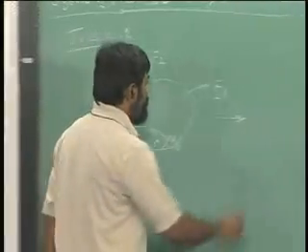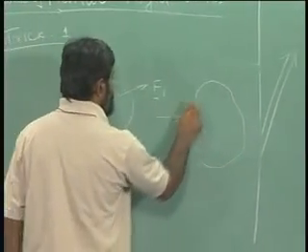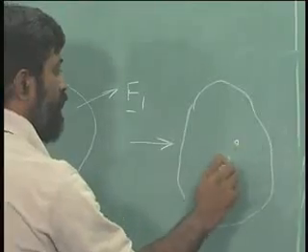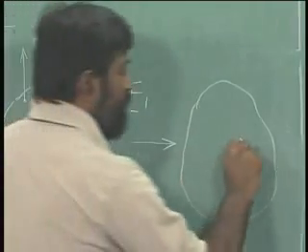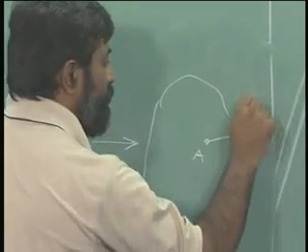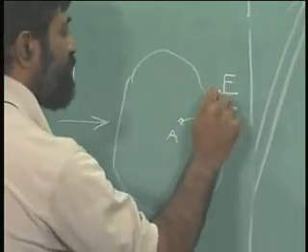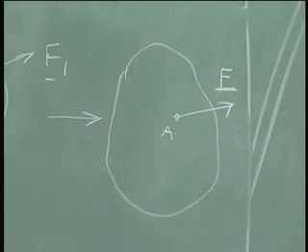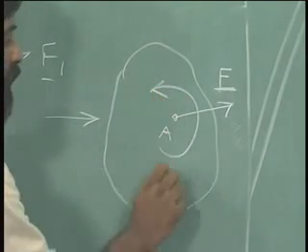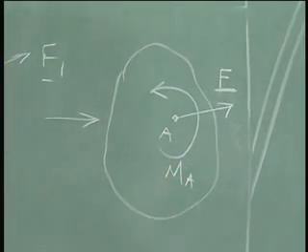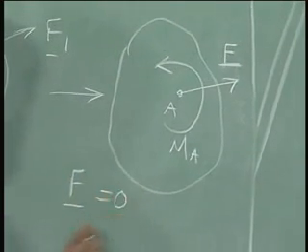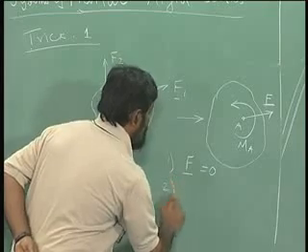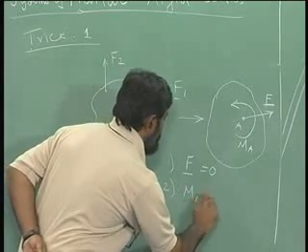So I can arbitrarily choose a point A, find the resultant force F and the resultant moment MA, so that I can write these two equations.